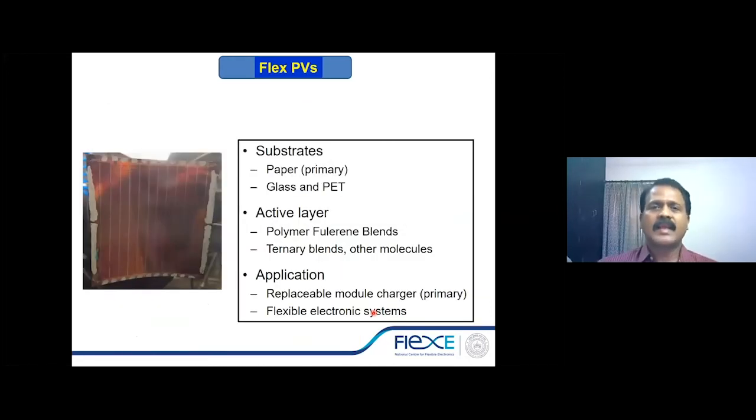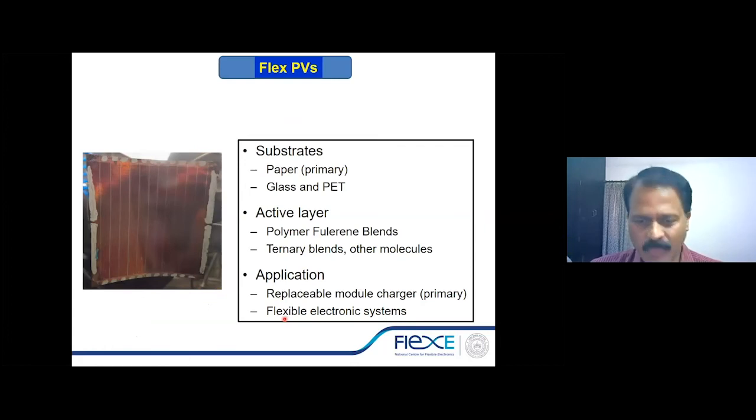And next, I'll go to flexible photovoltaics. I think one question had come up during the break: are we being cognizant of the environmental aspects? So what we see here is that these photovoltaic modules are now being primarily developed on paper, and there are different application areas.